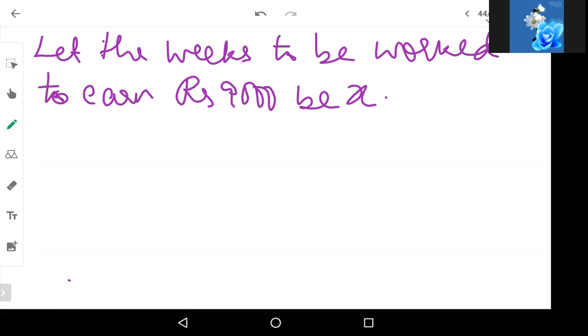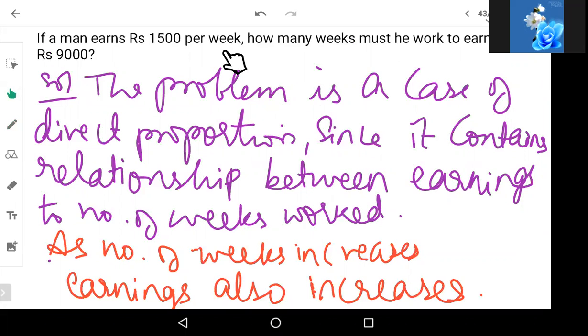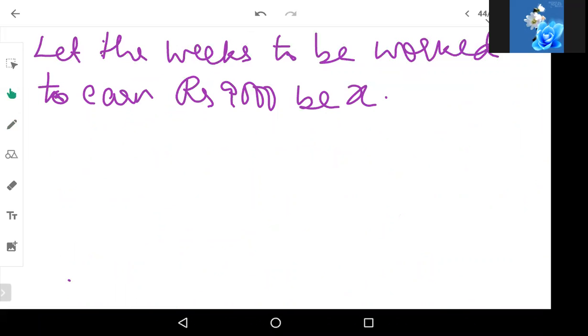See, in the question, for 1 week they get 1500, and they've asked for how many weeks they should work. As per our format, even while solving equations, we have always considered one value to be x and then solved for x, right? So here the number of weeks that the person has to work to earn 9,000, let that be x.